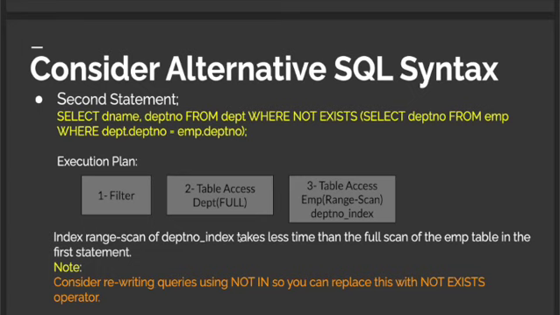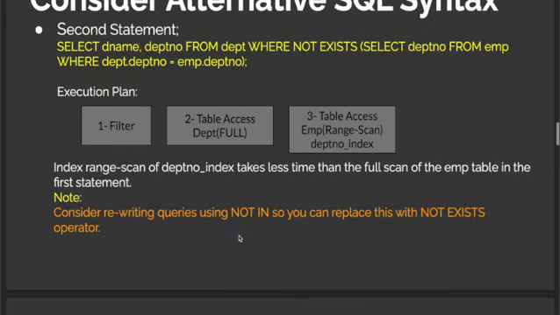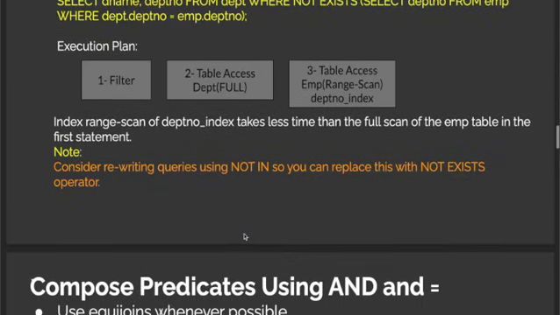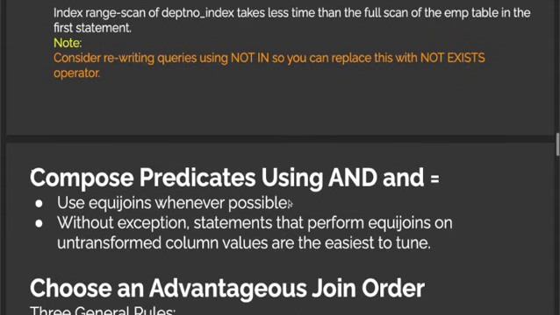Alternative SQL syntax is effective only with the rule-based optimizer. So this is a very important tip: stop using NOT IN and replace it with the NOT EXISTS operator, so you can get faster results.